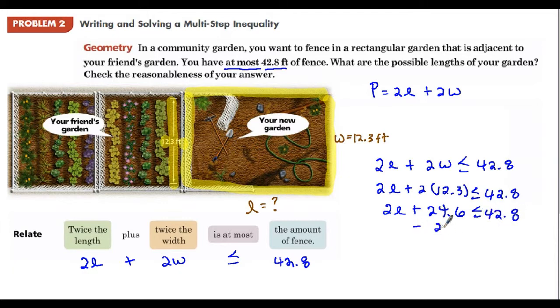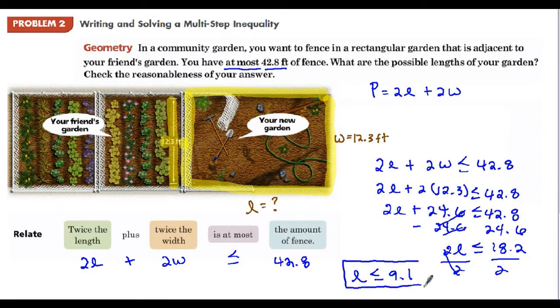Subtract 24.6 on both sides, or 2L is less than or equal to 18.2. Divide both sides by 2, and our length L is less than or equal to 9.1. That means that our length has to be 9.1 feet or less in order for us to be within our fence size. So that would be our final answer.